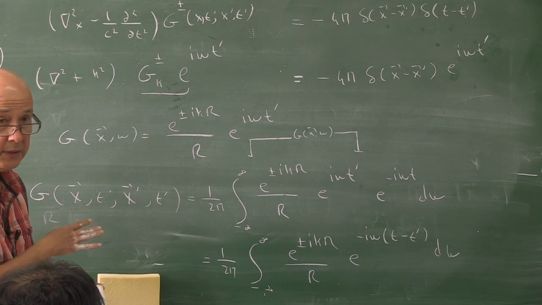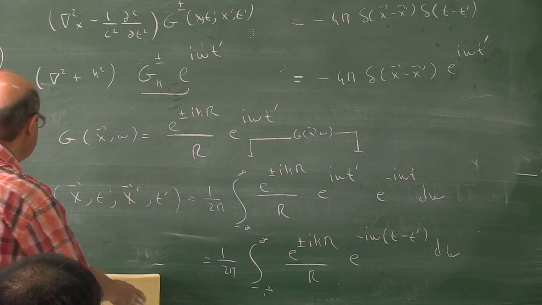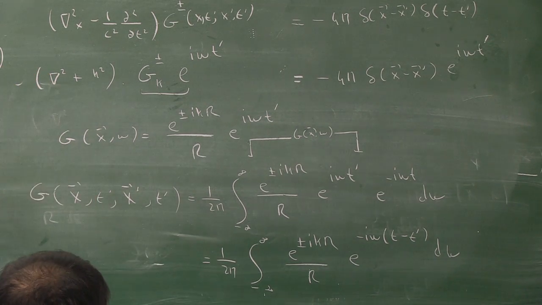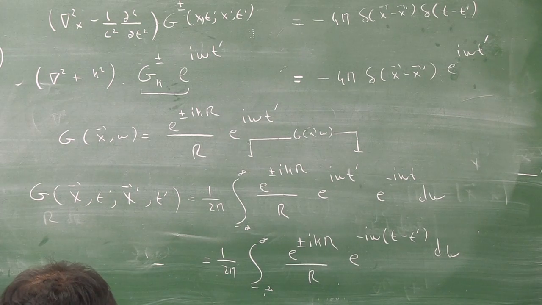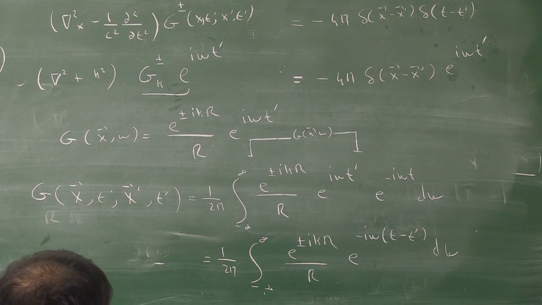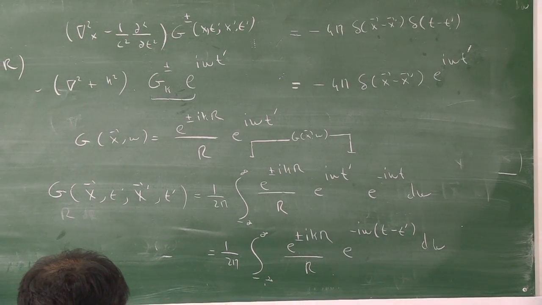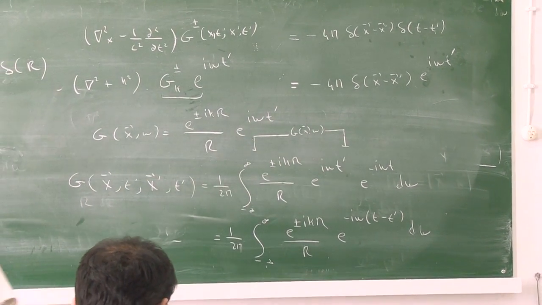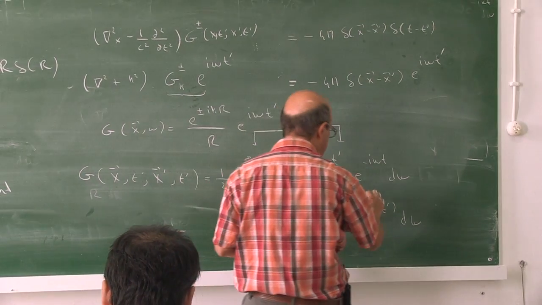So any question here? So let me call t minus t prime as tau.